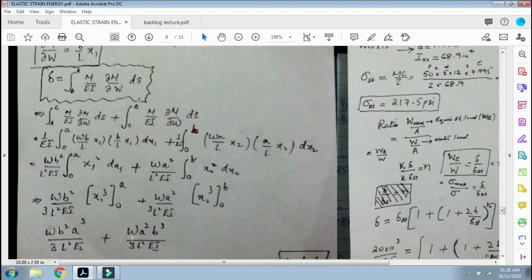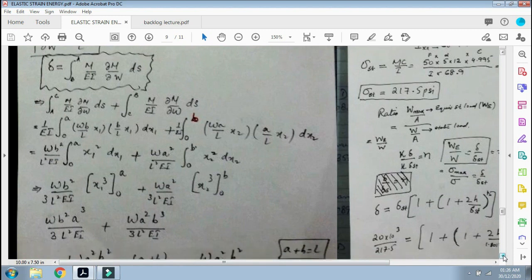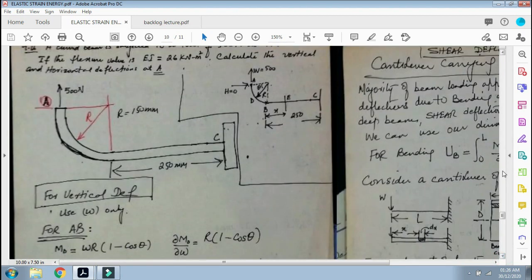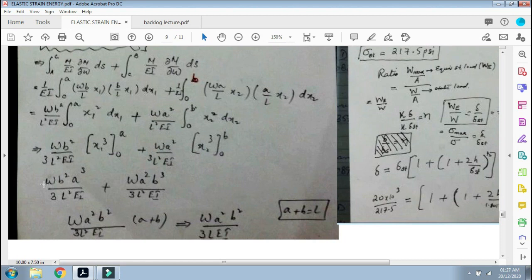So this was Wb²a³ upon 3L²EI, and again Wa²b³ over 3L²EI. Basically Wa²b² over 3L²EI is taken out, and from the remaining terms we take out a plus b.